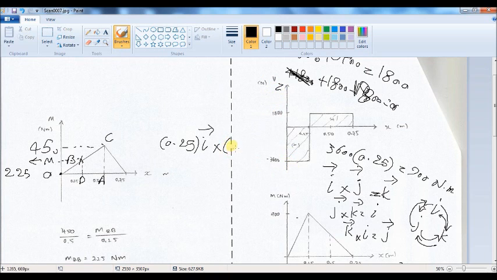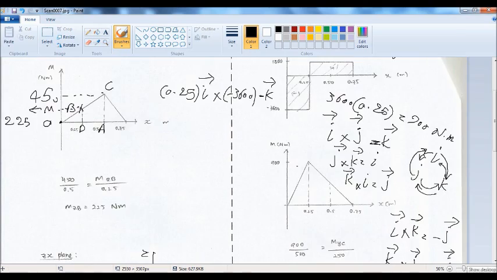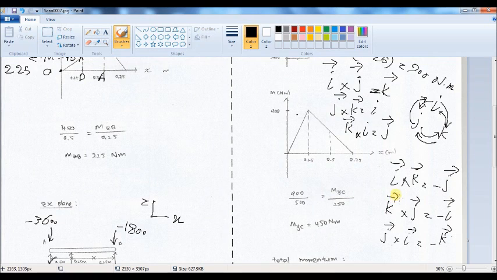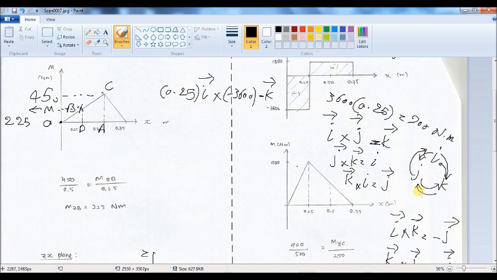So negative 3,600 in negative k, right? Negative k. We have to find i times k. i times k equals negative j, right?